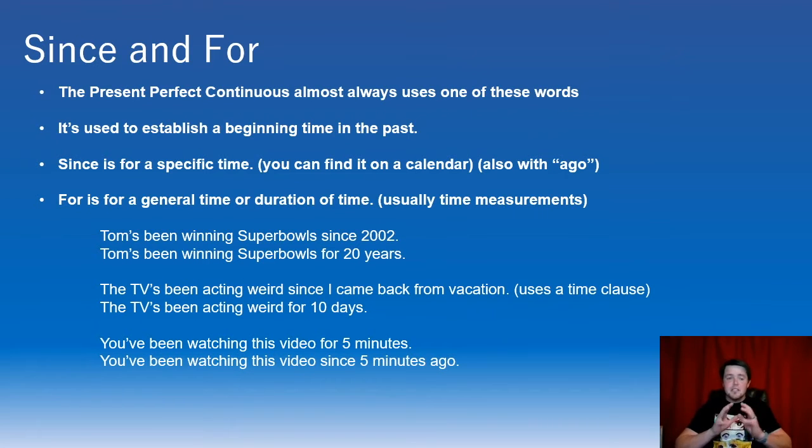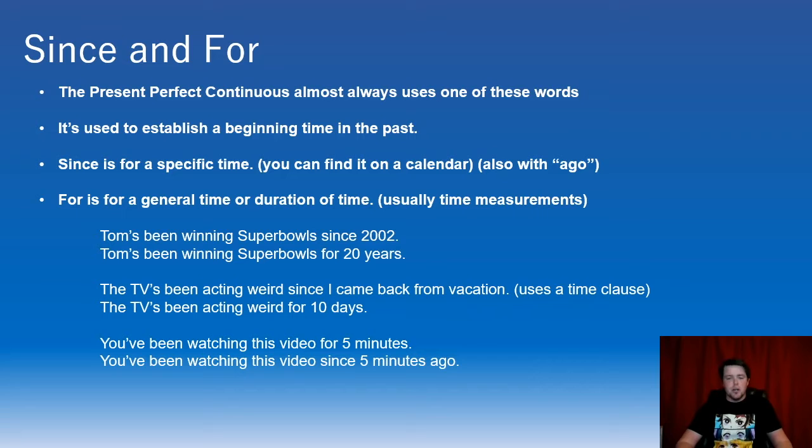Now, this tense doesn't have to use, but many times uses since or for as a connection with the time. Now, these words have the same meaning. They both establish a beginning time in the past. Since is for a specific time, something you can find on the calendar, or a time with ago.